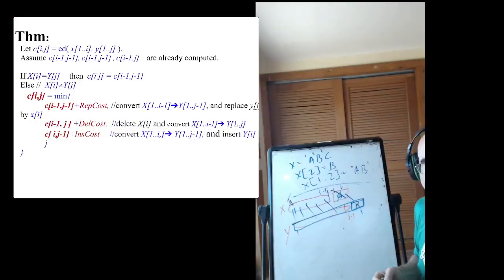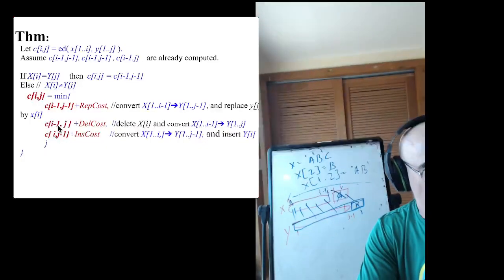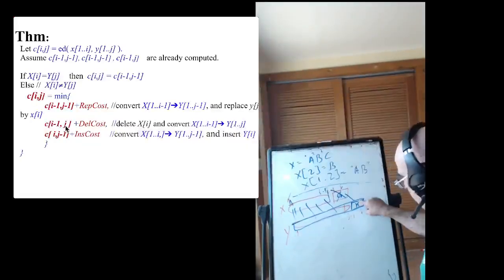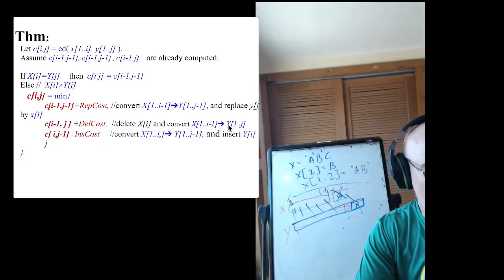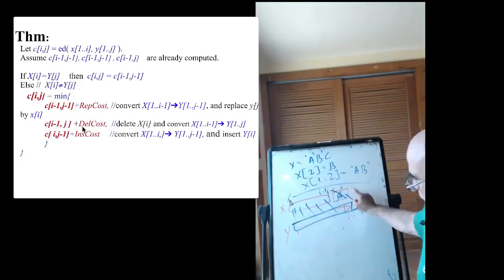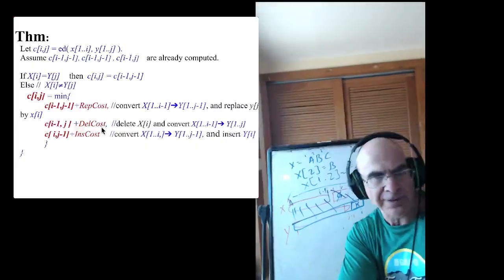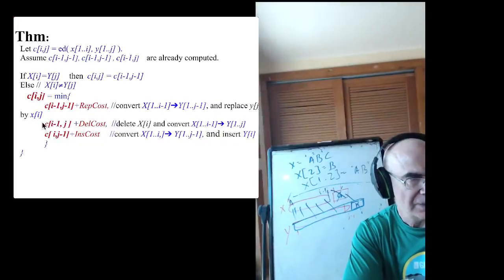If it's vanished, it's fine, except that you need to pay for it. So it's the cost of matching the first i minus 1 characters of x into all the characters of y, including the k, and getting rid of the g over here. You have to pay for its deletion. So it's c of i minus 1, j, plus the deletion cost.